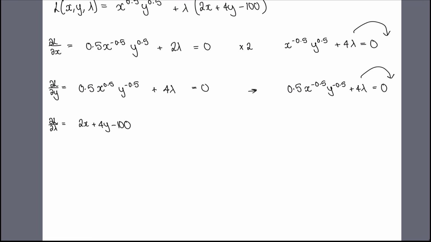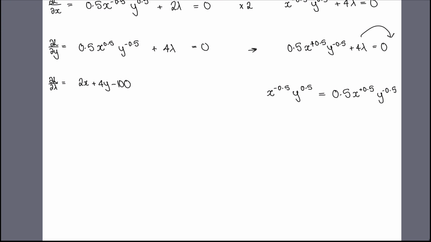so that we get x to the power of 0.5, y to the power of 0.5 is equal to 0.5, x to the power of 0.5, y to the power of minus 0.5. This should be plus. Cool. If we now collect like terms, we get y is equal to 0.5x.